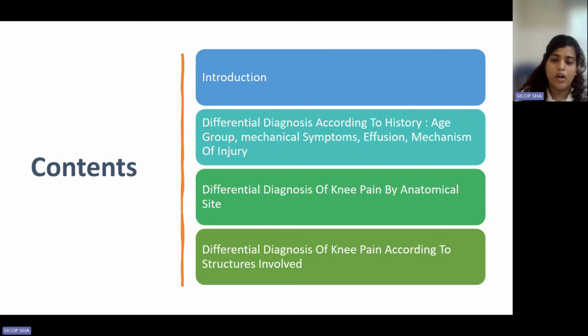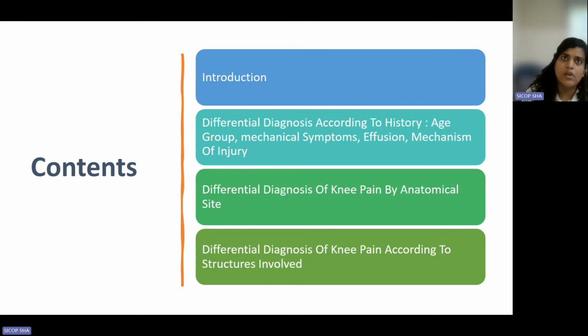Then we also diagnosed the knee pain according to the structures involved, that is, if the patient has any articular, periarticular, osseous, or neurovascular structures involved, or the pain is referring from the hip or lumbar spine, that needs to be seen. If the pain is referring from the lumbar or hip, that needs to be screened out or ruled out prior to giving the treatment for the knee.